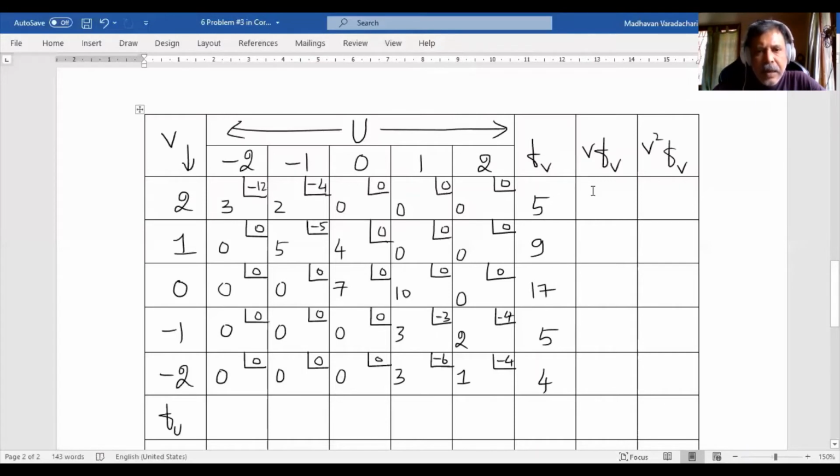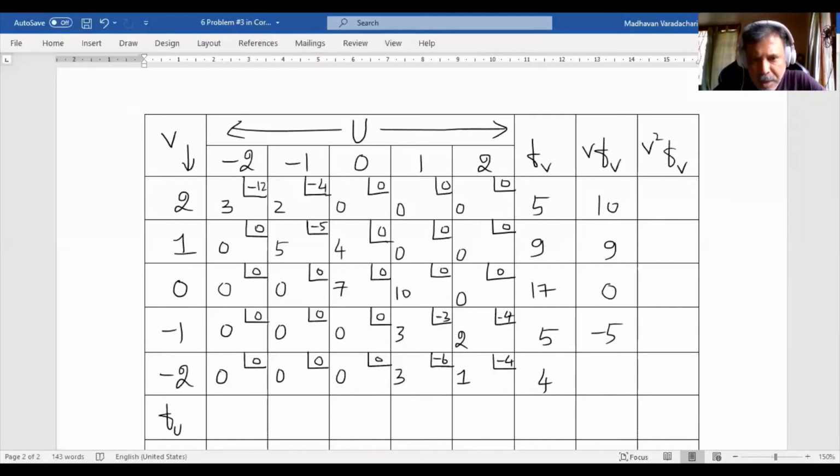Okay. Now V into FV means V, that is 2 into 5. So it becomes 10. Next one, 1 into 9. So it is 9. This 0 into 17. So it is 0. Minus 1, that is this -1 into 5. So it is -5. Then here -2 into 4.